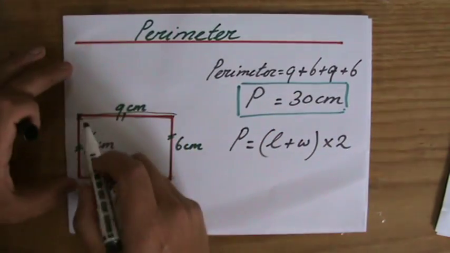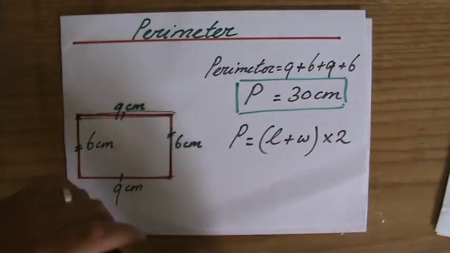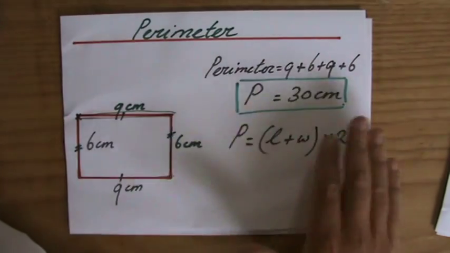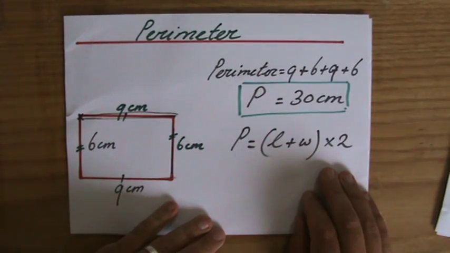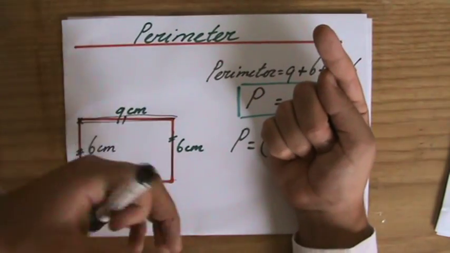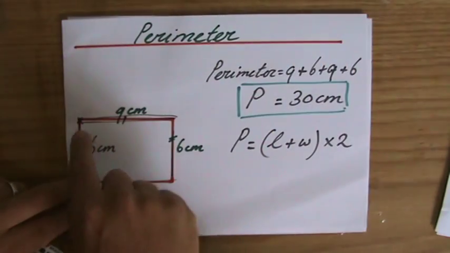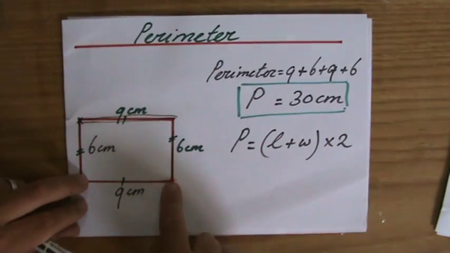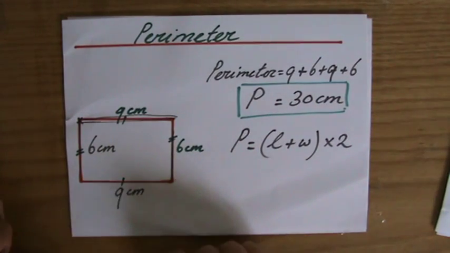So you can do 9 plus 6 and then times 2 because the other side is exactly the same. However, I personally really don't like those formulas because that makes you have to remember these things. Well, if you just use your finger and you understand that the perimeter is the lengths of the outside, then you can just use your finger and add 9 plus 6 plus 9 plus 6. I don't have to memorize any complicated looking formula. Okay?